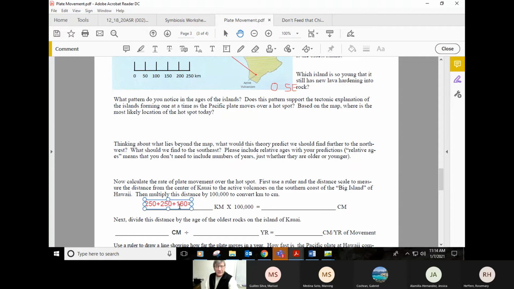So add these together in your calculator, and then multiply by 100,000, or take my shortcut of just rewriting this number and adding 5 zeros after it. If this looks like to me it's going to end in a 0, that doesn't count as one of your zeros. You need this number, including zeros, plus 5 more zeros, and you'll get the number of centimeters. Or, if you prefer, just multiply by 100,000 in your calculator.